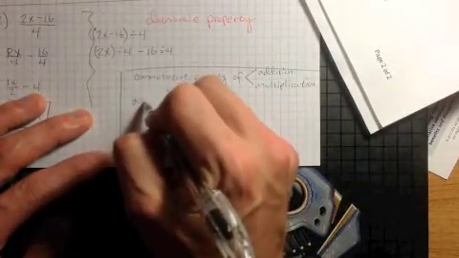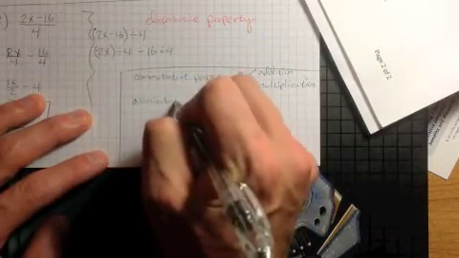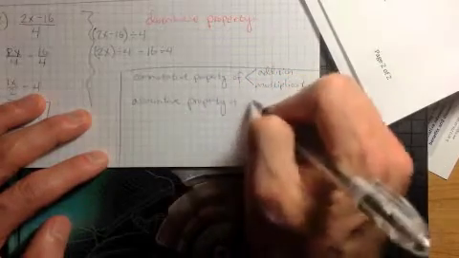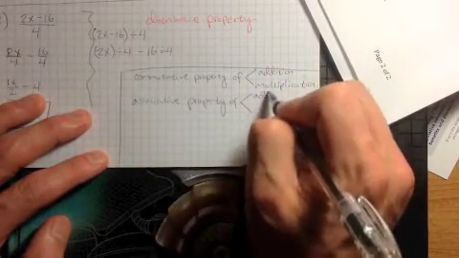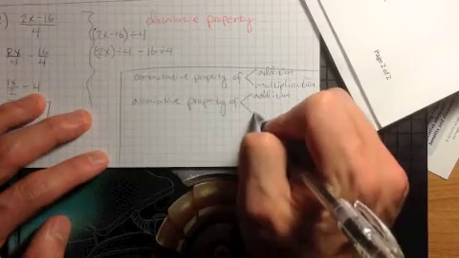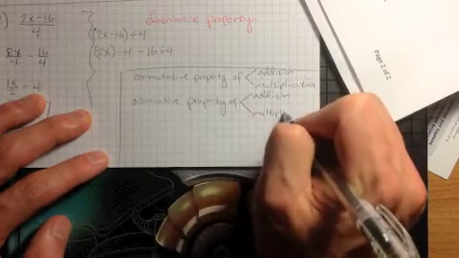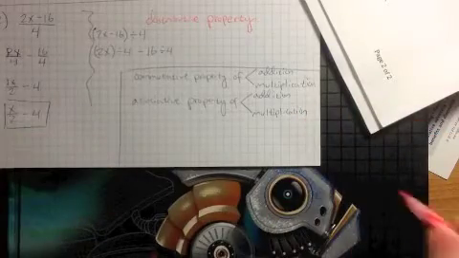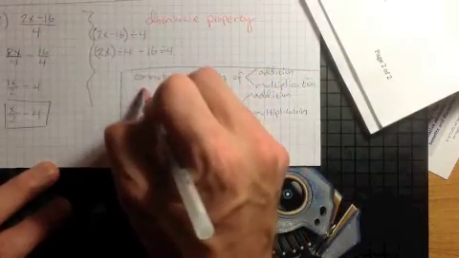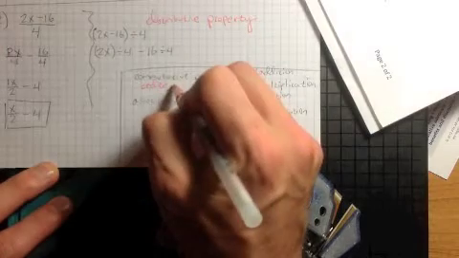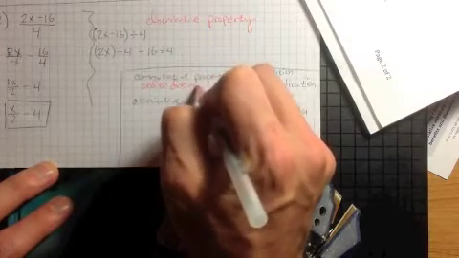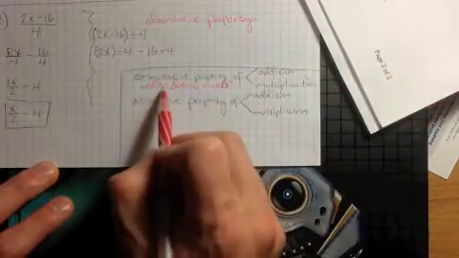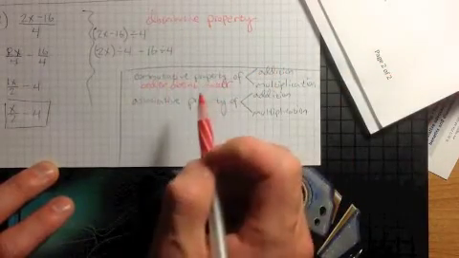We also have the associative property of addition or multiplication. Now remember, commutative means order doesn't matter. So 7 times 3 is the same thing as 3 times 7.